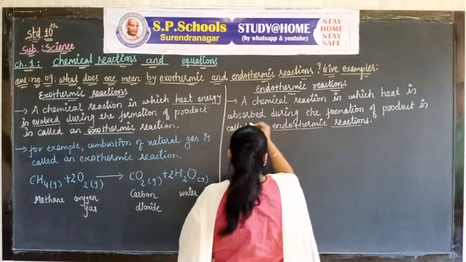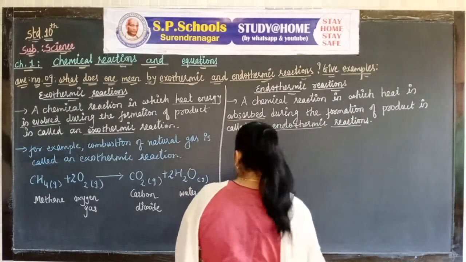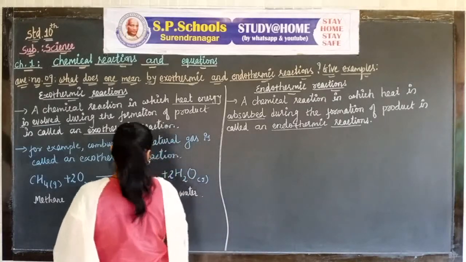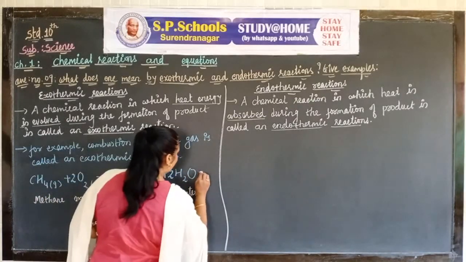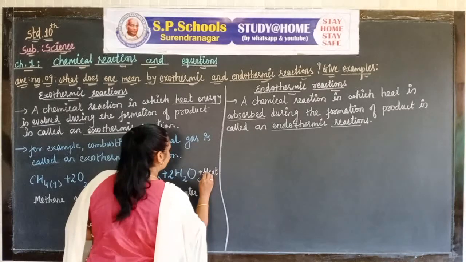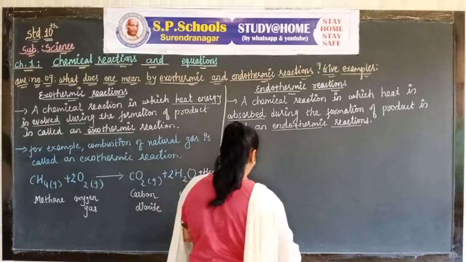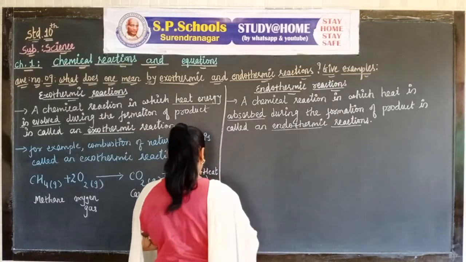One word is different. Here heat is absorbed and here heat is evolved. We write plus heat. Give example for endothermic reaction.